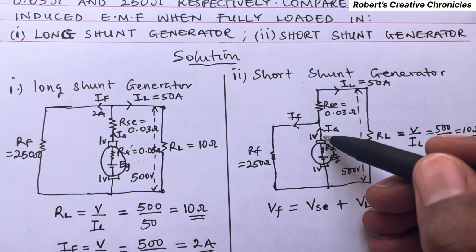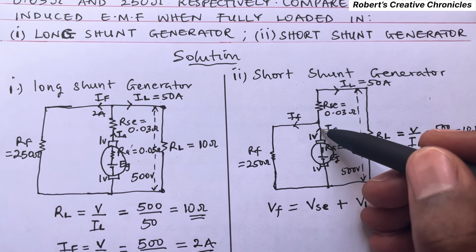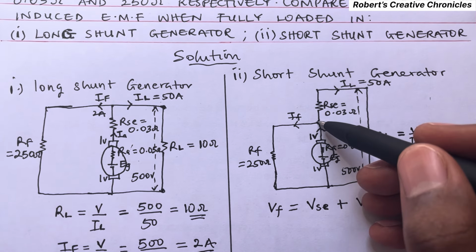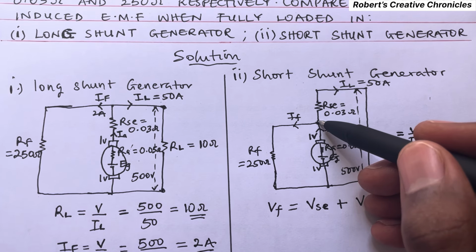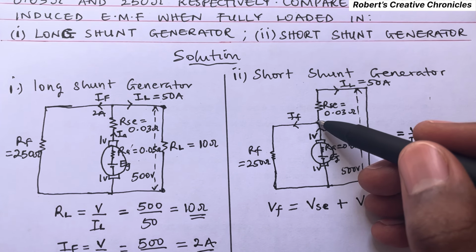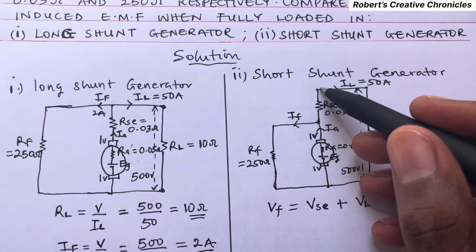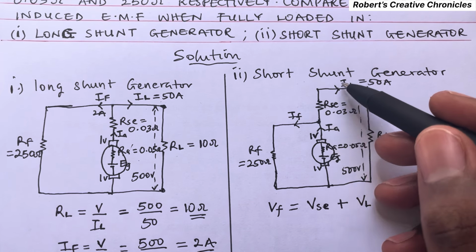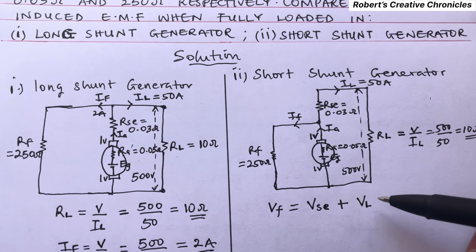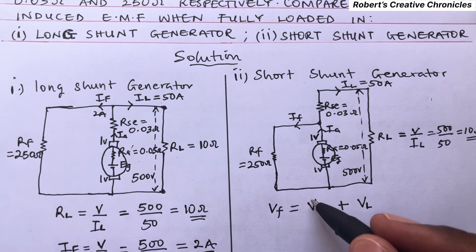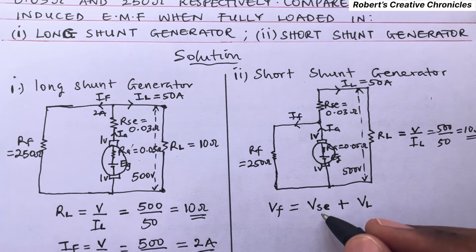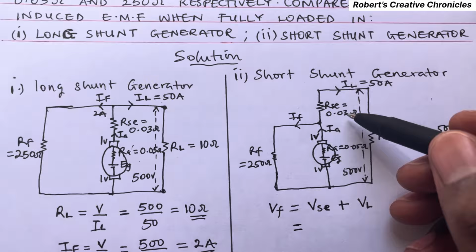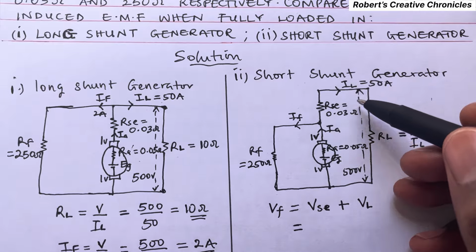You know, when I_A arrives at this point, it splits into two, according to KCL. So the current that will pass through this series resistor now is I_L. So I_L passes through this series resistor, I_L also passes through this load resistor. So the voltage V_S will be I_L times R_SE.